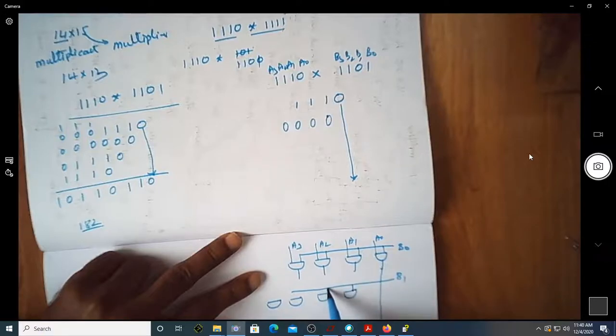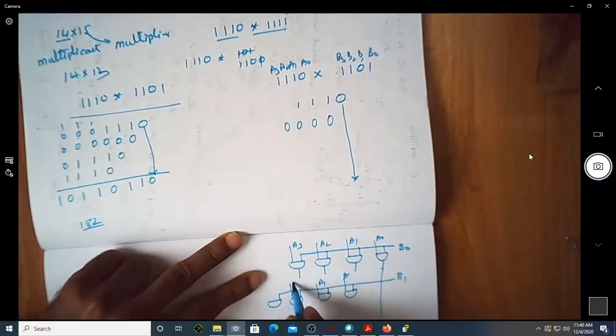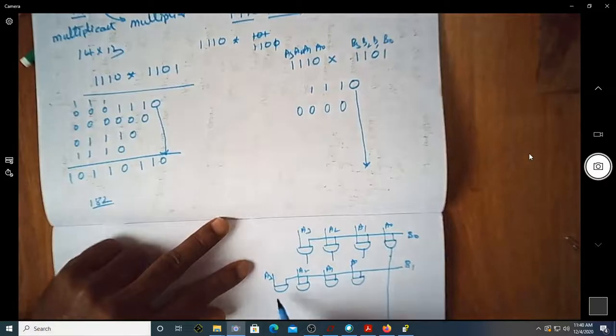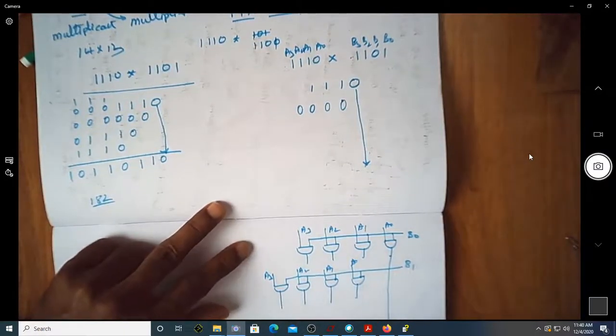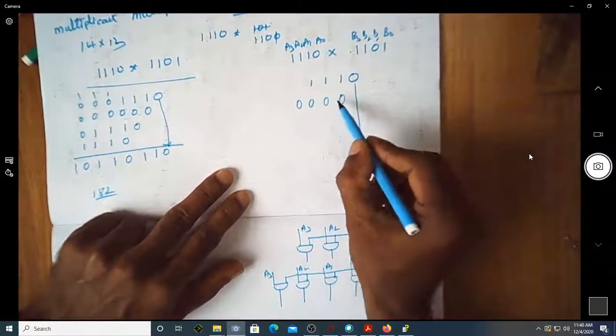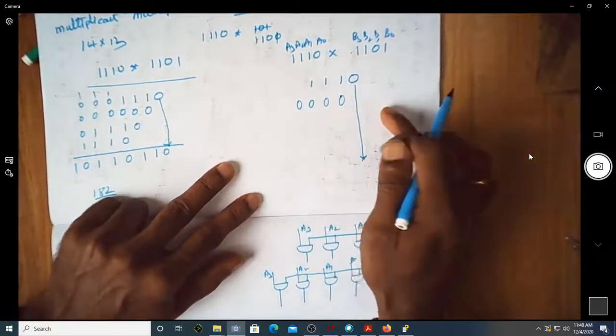One of the inputs is coming from b1, and the other input is from a0, a1, a2, a3.